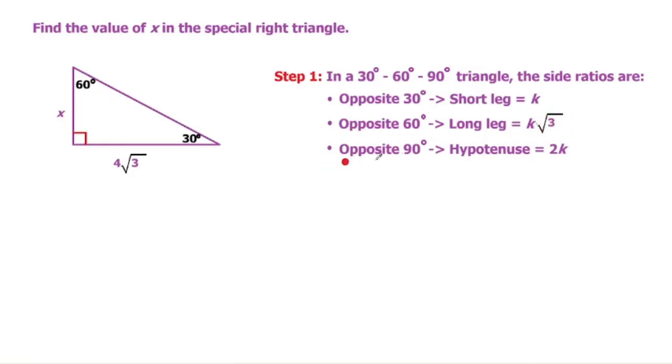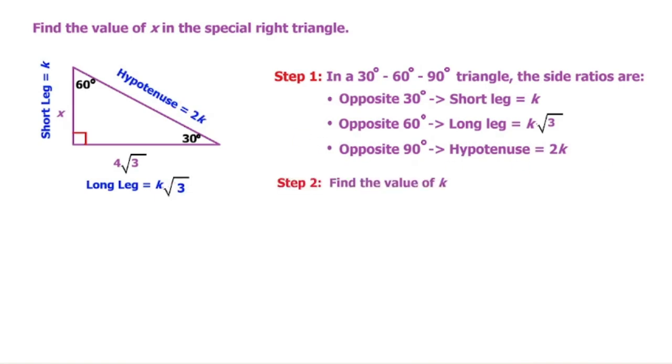And for opposite the 90 degrees, the hypotenuse equals 2k. So the short leg equals k, the long leg equals k root 3, and then the hypotenuse equals 2k. Okay? So now we can find the value of k.